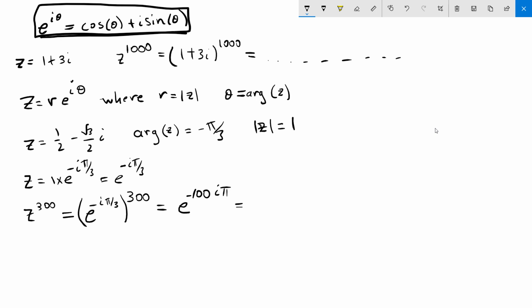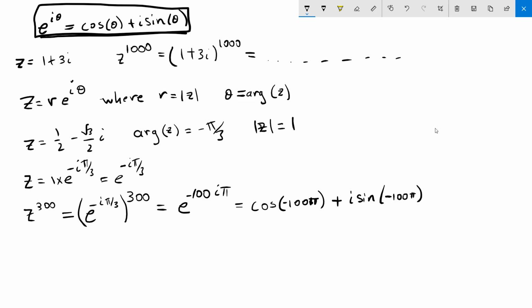So, what if I wanted to see what this was in component form? Well, I could decompose this now into modulus argument form, right? The modulus argument form version of this, according to this formula up here, is cosine of minus 100 pi plus i sine of minus 100 pi.